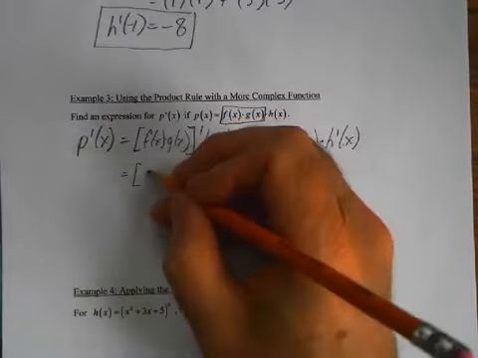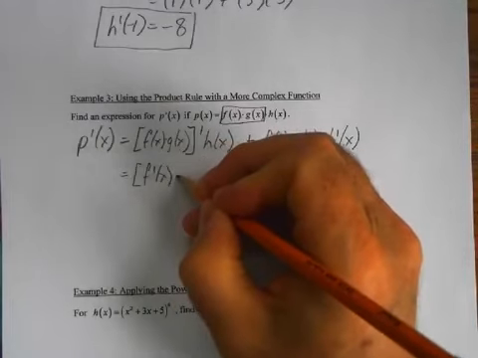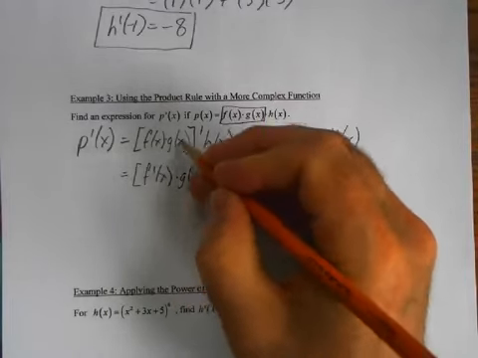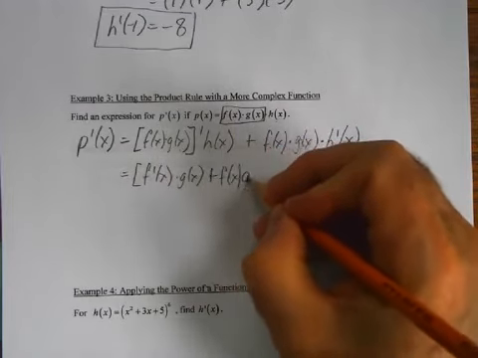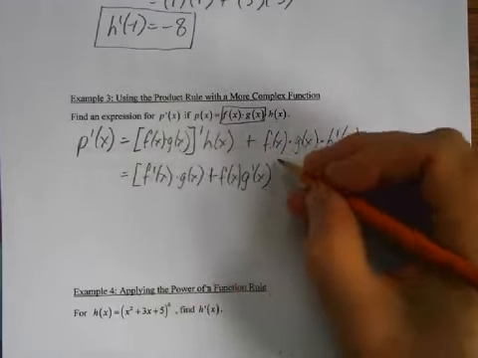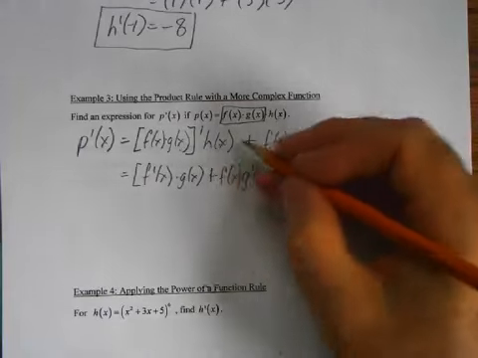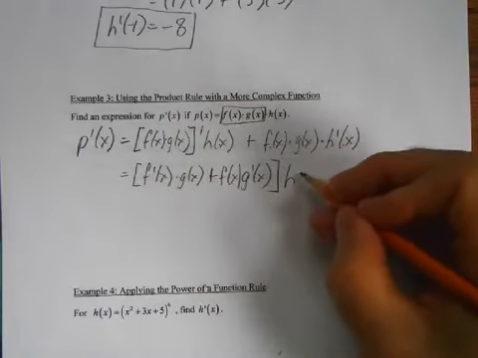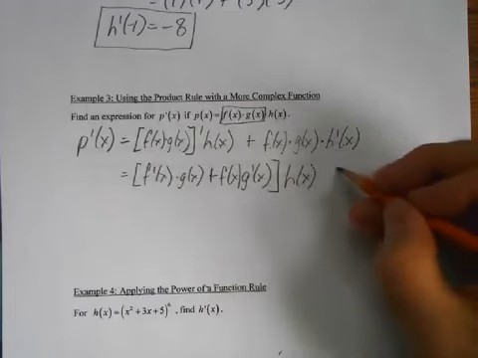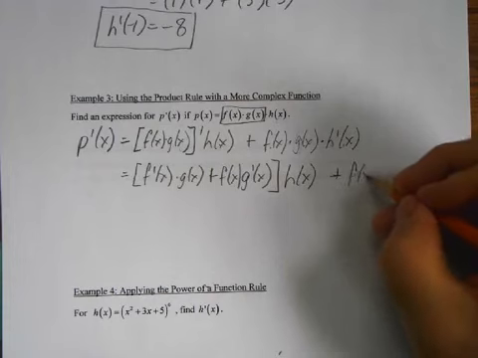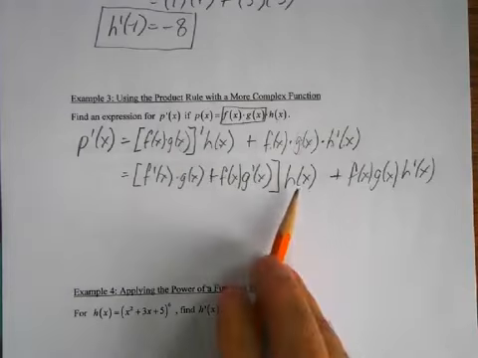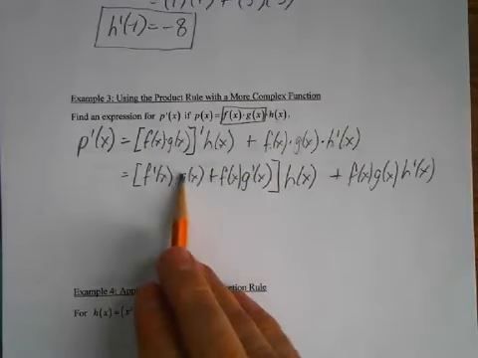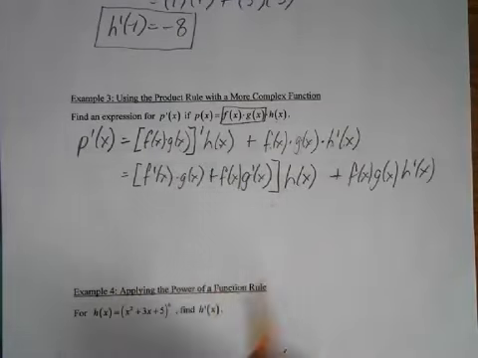So that's going to be f prime of x times g of x, and then the second part of the product rule, f of x times g prime of x, square bracket, and this whole thing is multiplied with h of x. And then I've got this three function product here, f of x, g of x, h prime of x. Okay, so all I'm going to do is take these two products, multiply by this third function.